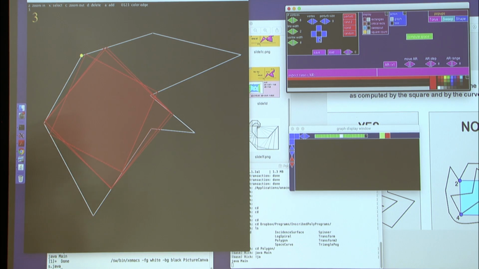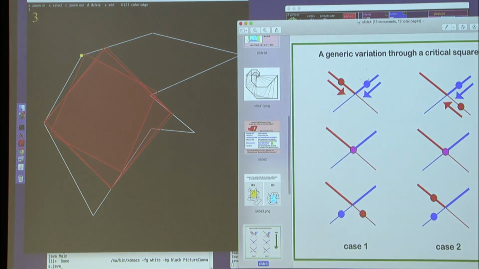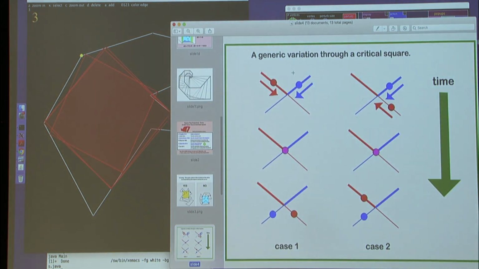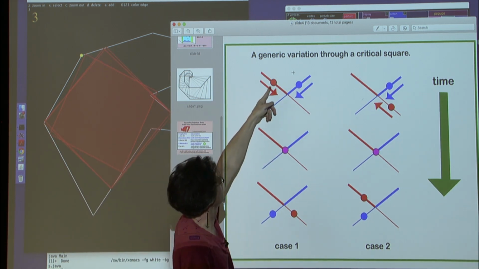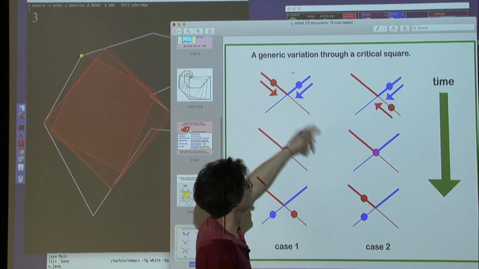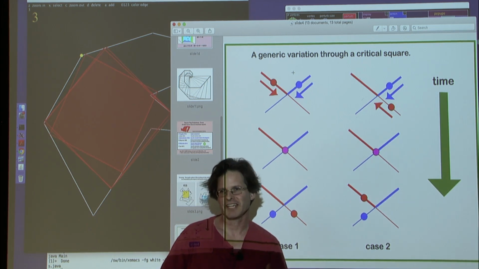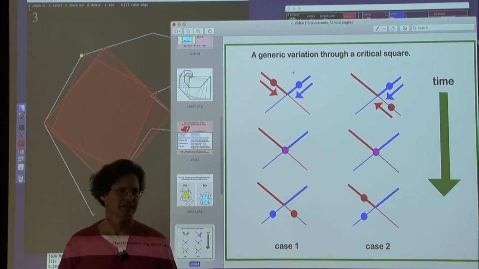Generically, if you take a generic variation, this happens just for one of the vertices, and they cancel in pairs. One of them is moving this way, and there are various cases you have to analyze. Maybe the next slide has this. Yeah, I just made a picture of what can happen in a generic variation. This is supposed to be the polygon, and one of the vertices can be moving this way or this way. There are several possibilities, and in all cases you notice the parity doesn't change.